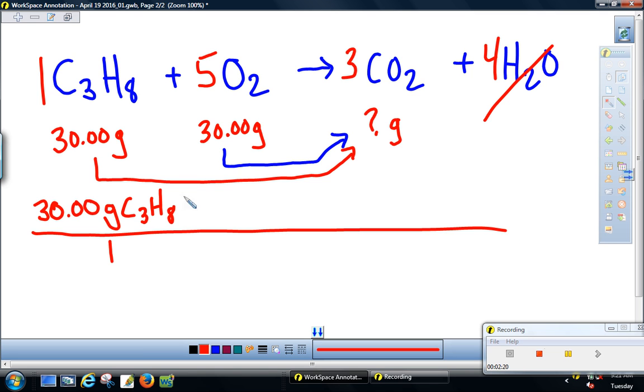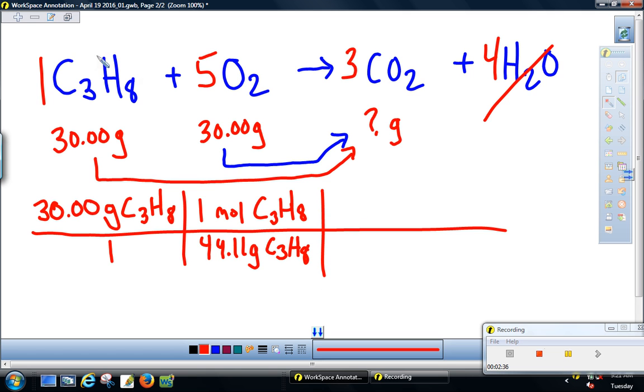Alright, so 30 grams of propane. We can find that 1 mole of propane is 44.11 grams. So it's 3 carbons at 12.01 apiece plus 8 hydrogens at 1.01 apiece. And then the ratio: this is my known, this is my unknown, so we have 3 moles of CO2 produced for every 1 mole of propane.